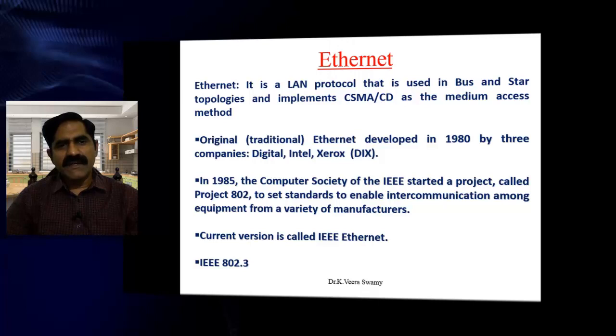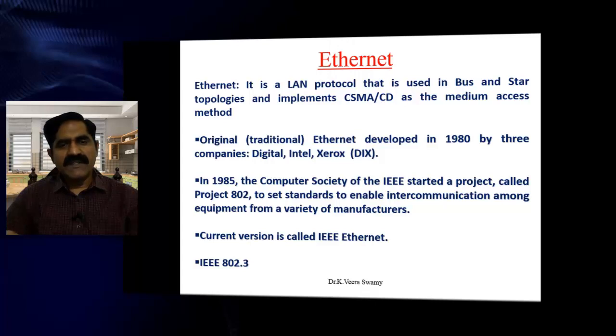Later, in the year 1985, the Computer Society of IEEE started a project, IEEE 802.3, which discusses various possibilities to implement Ethernet, starting from the cabling, technology, and efficiency. All these things are published in IEEE 802.3.